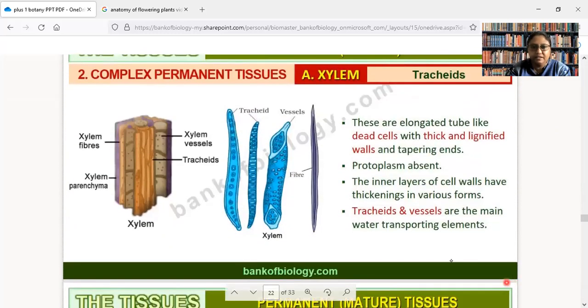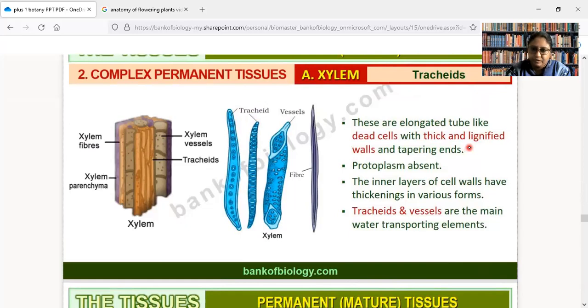So what are tracheids? You can see the diagrams of tracheids. Tracheids are spindle-shaped cells having tapering ends, and these circular structures are pits or ornamentations present in their body. They have a very thick cell wall, with a lot of lignin deposition.